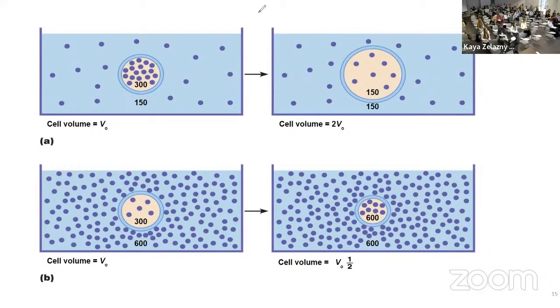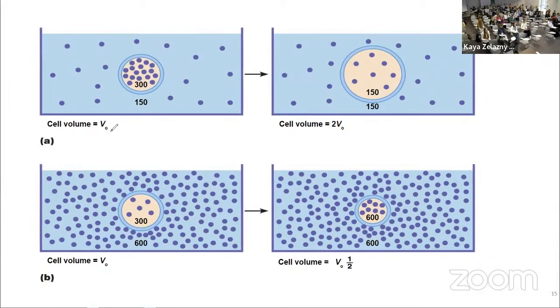So you can see here, we start with a cell volume of V0, O is for original, I guess. So their original volume. And we start with a situation where the osmolarity inside the cell is twice what it is outside the cell. Okay. So we're in a hypotonic solution.